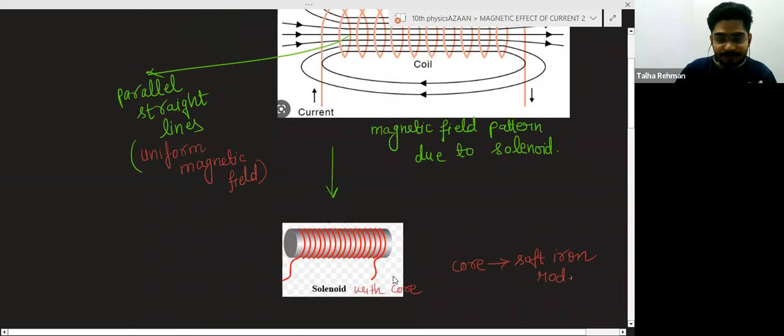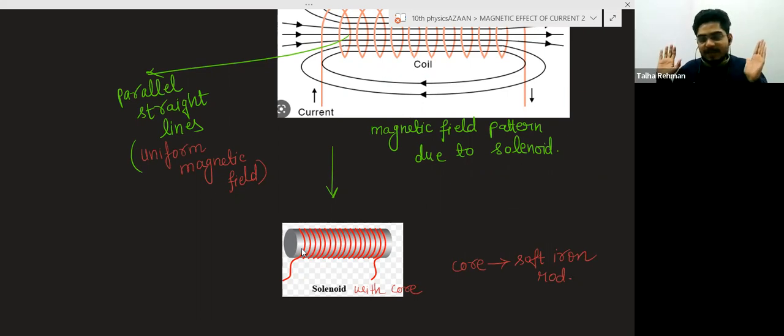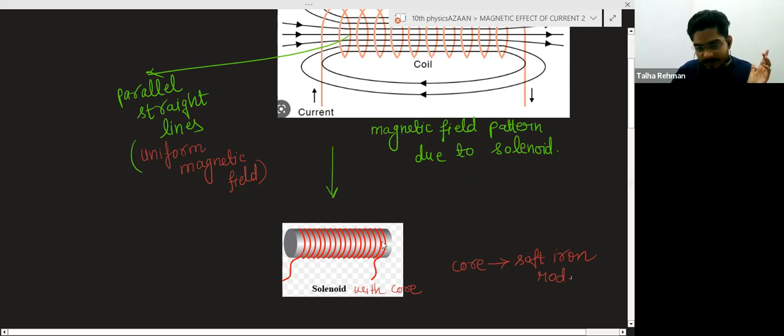Why? Because once you switch on the current, this soft iron rod will magnetize and behave as a magnet. When you switch off the current, the current becomes zero, and in a very short time this soft iron core will demagnetize also.